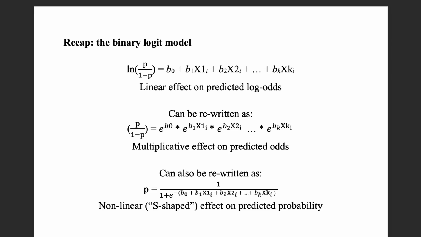And again, the underlying model is the same, so there is no substantive difference between these 3 different ways of writing the model. It's just which one of those you want to pick. It depends on how you want to illustrate your effects. So log odds is completely correct, but it's not very intuitive. Odds is a bit more intuitive.